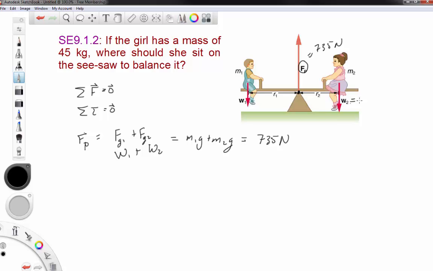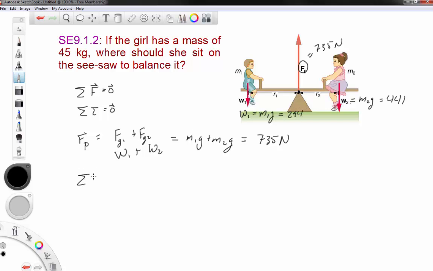This weight right here is M2g, given by her mass times gravitational acceleration, and that would be 441 newtons. And then his weight is going to be his mass times the free fall acceleration, which is going to be 294 newtons.